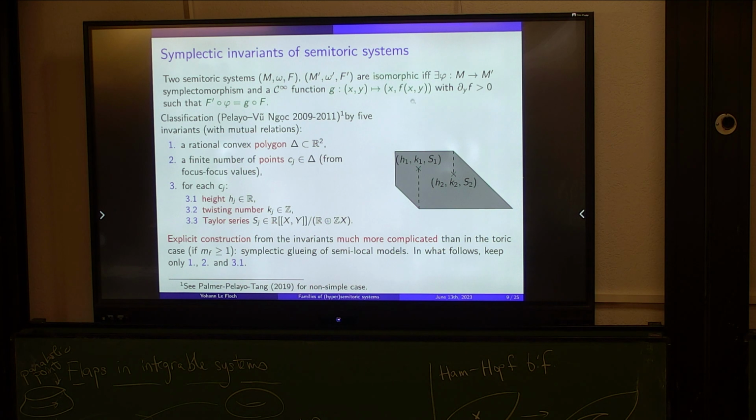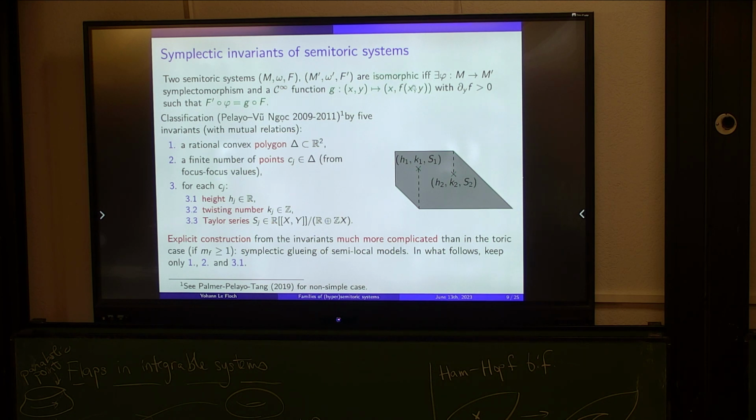Then there's a question of orientation that simplifies the classification a little, but you shouldn't care. And something I forgot to tell you is that a toric system is an example of a semitoric system, but with zero focus-focus singularities. A T2 equivariant symplectomorphism is certainly an example of such an isomorphism.